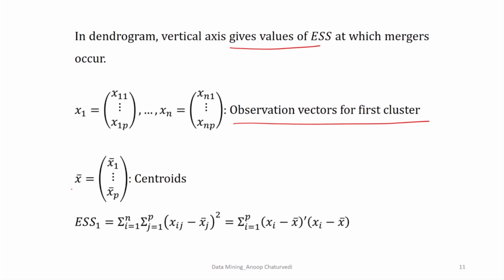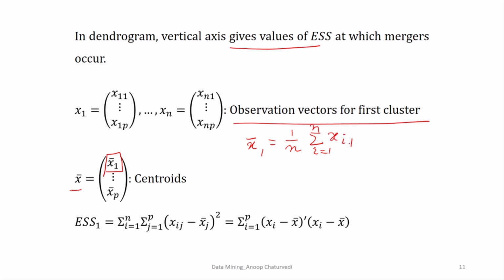And then x bar is the centroid. So, obviously, x1 bar is the mean of x11, x21, so on xn1, or you can say that x1 bar is equal to 1 upon n summation i equal to 1 to n x i1.